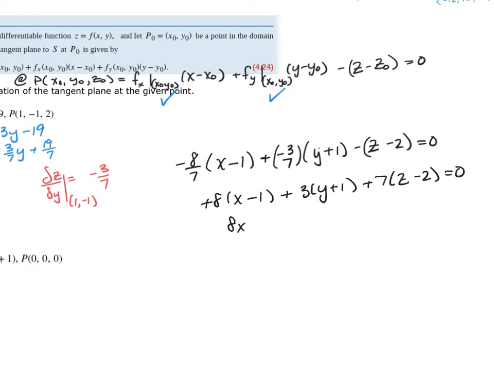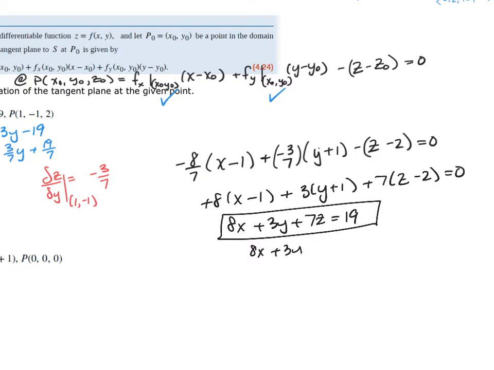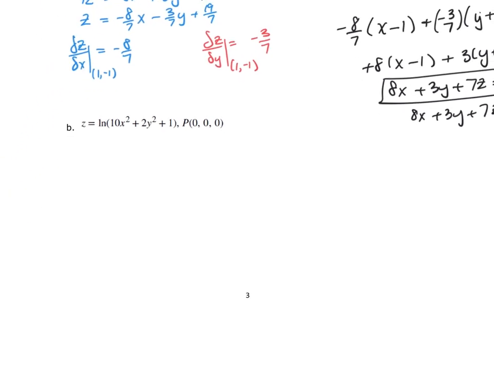So we have 8x plus 3y plus 7z is equal to 19. And there it is. I can also write this as 8x plus 3y plus 7z minus 19 is equal to 0. Either one works.